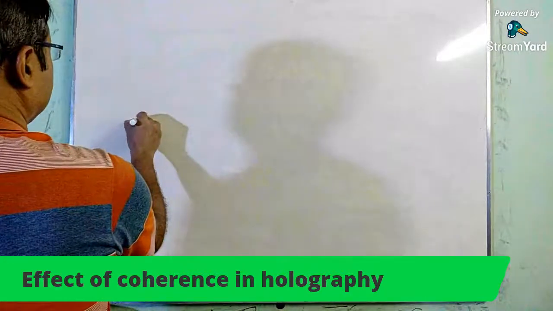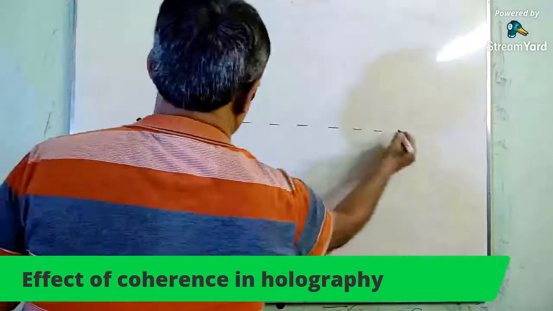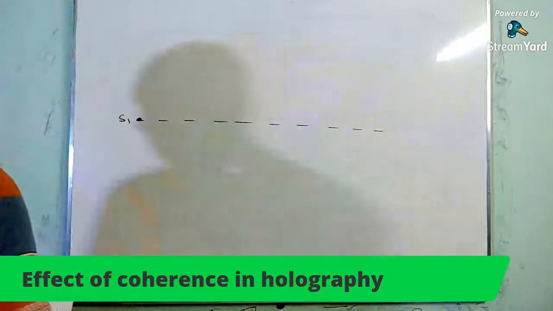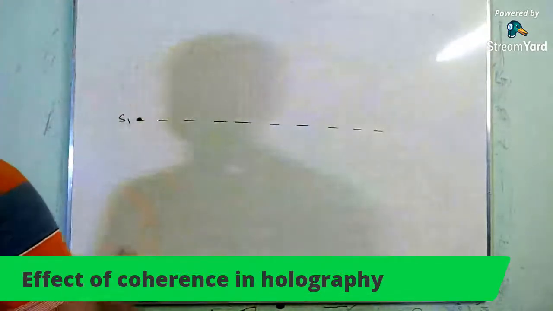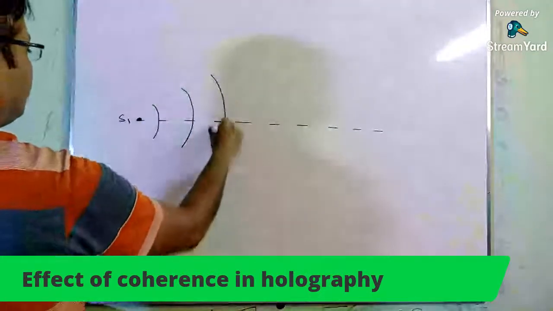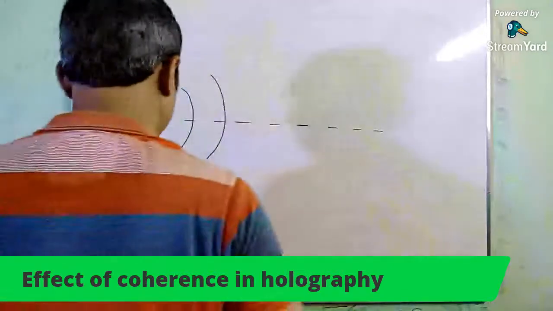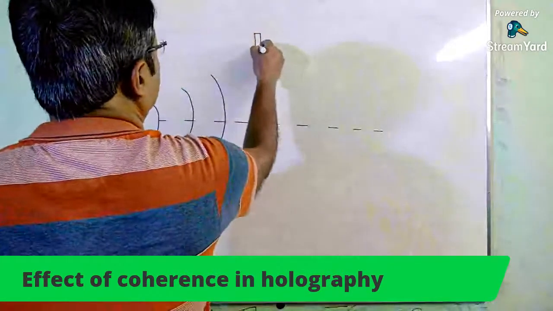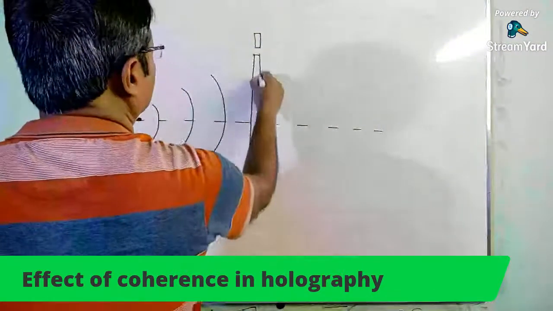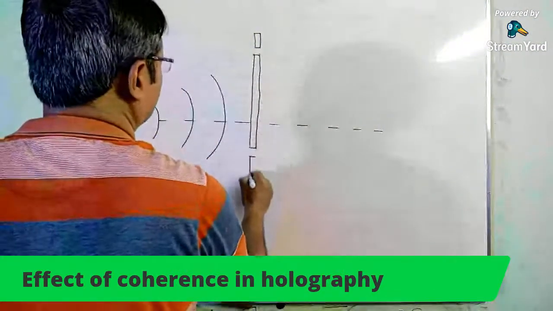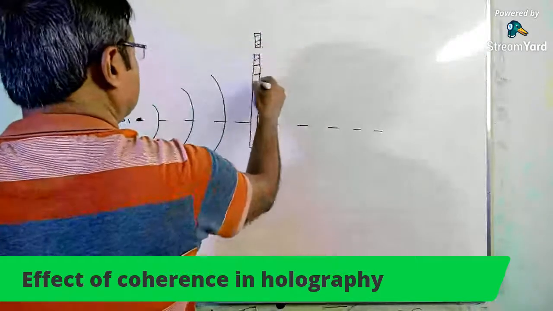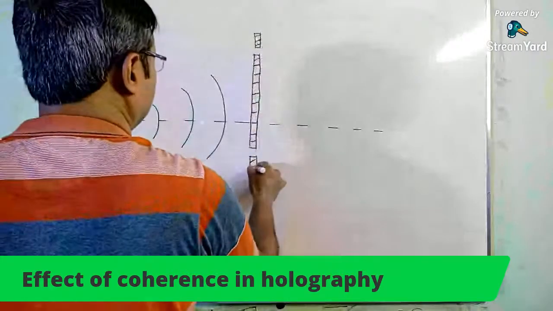Now again, I am taking, let it be S1. I am drawing the wavefront of S1 here. Later I will draw S2. So this is the double slit.